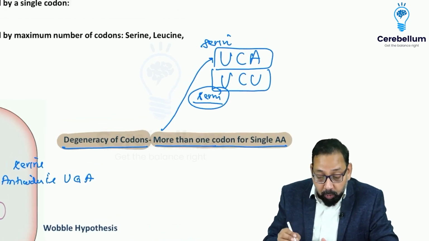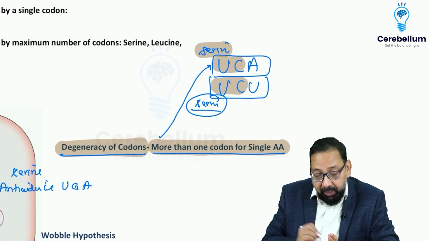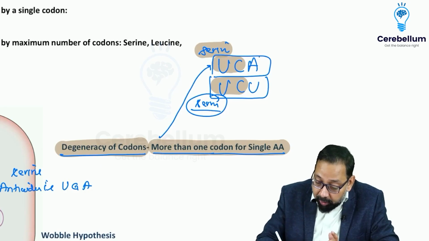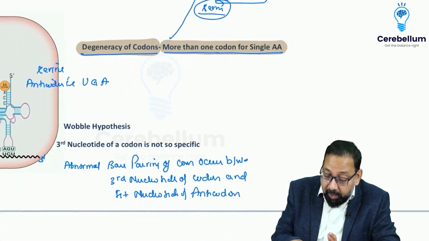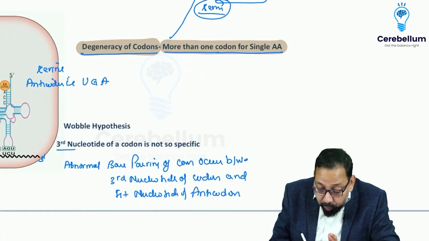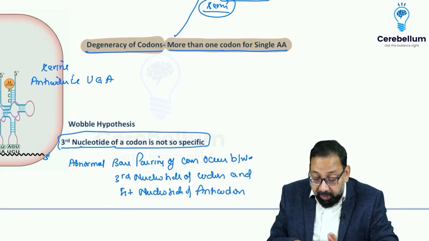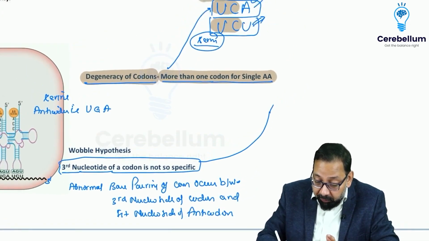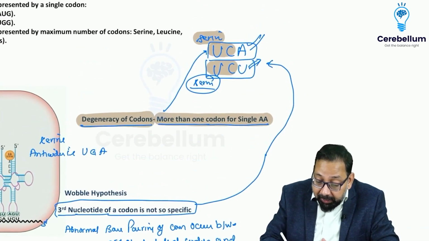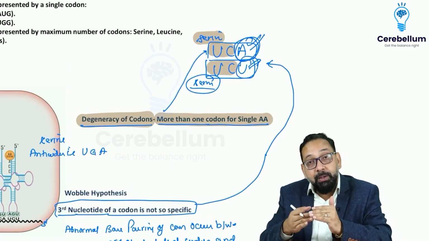And in these serine codons, the UC portion is the same and the third nucleotide is changed. So a statement is asked that the third nucleotide of a codon is not so specific. In serine, the third nucleotide is changed and both codons code for the same amino acid.